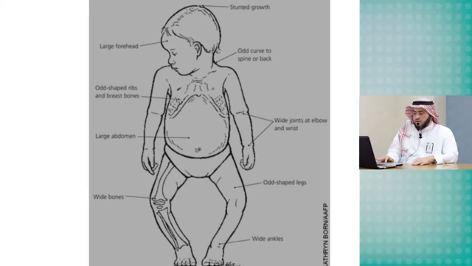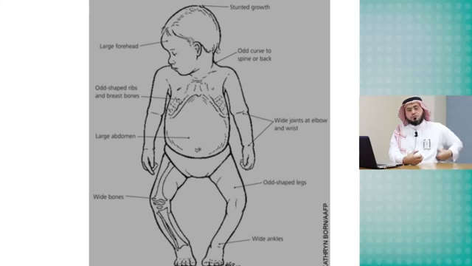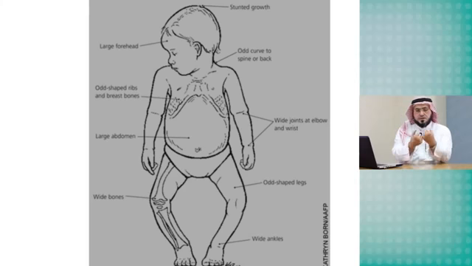You can see also rachitic rosary. The rachitic rosary is the enlargement of the costochondral junction. We have Harrison sulcus. Harrison sulcus happens because the costal bones are weak, and the diaphragm is a muscle that contracts the costal ribs inward. So we'll have a Harrison sulcus as well.